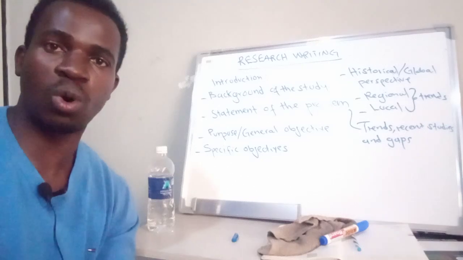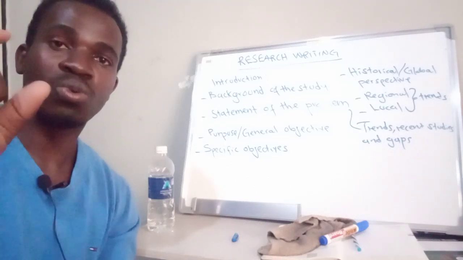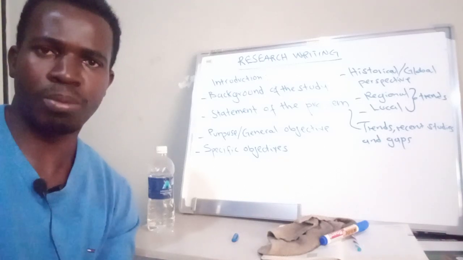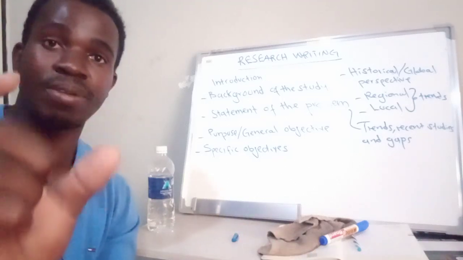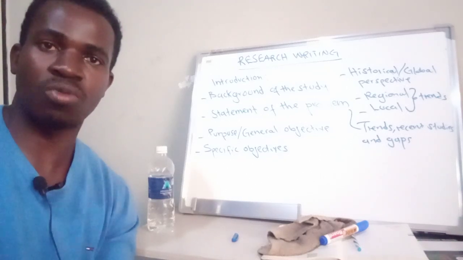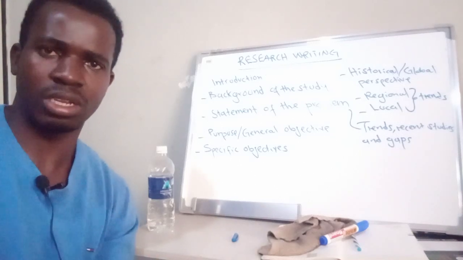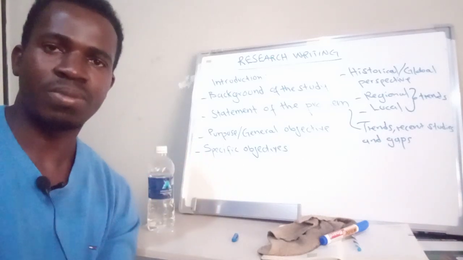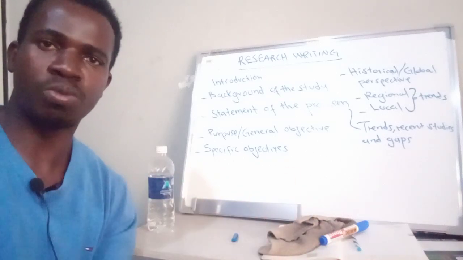The second one is called regional. It depends on which part of the continent you are yourself. When we talk of the first point, which is global, you're just talking about the global knowledge which is available or the historical background on that particular topic you're trying to investigate. If we come to the regional, contextualize that topic from the global perspective, narrow it to maybe a particular continent.